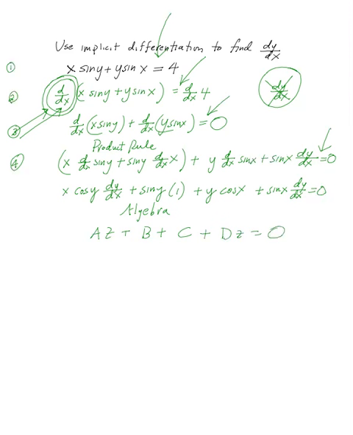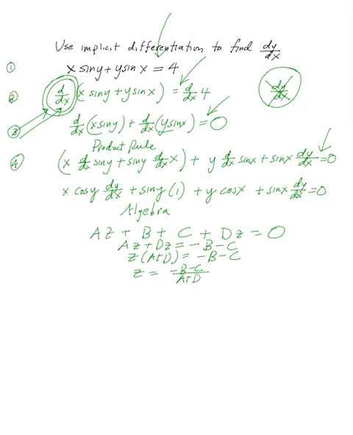If I were solving this equation for z, I would say az plus dz equals negative b minus c. Then I would factor out a z, and I would divide both sides by a plus d. Again, this is just algebra.